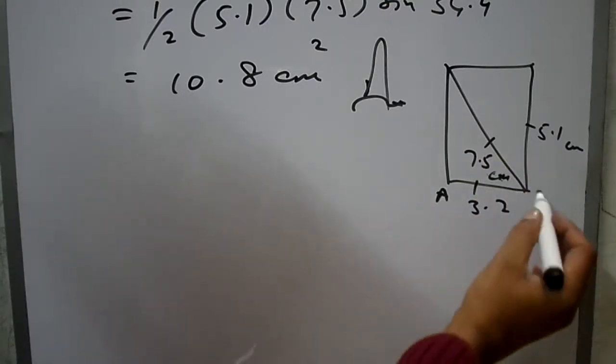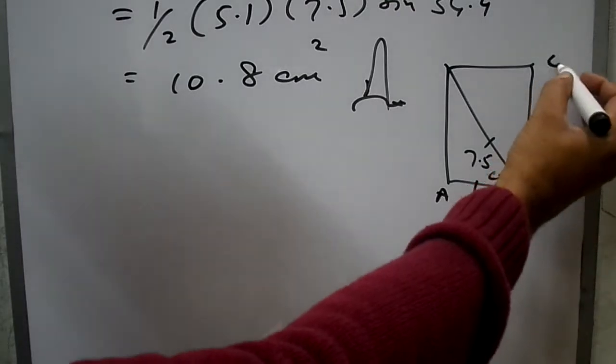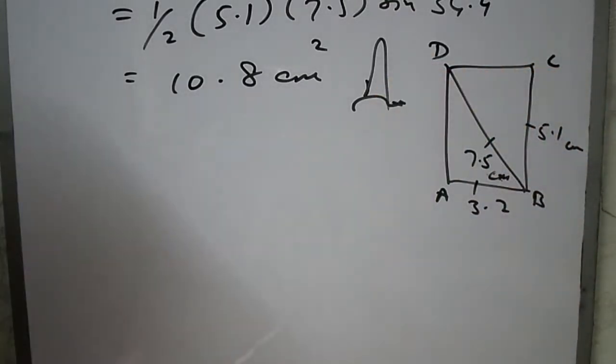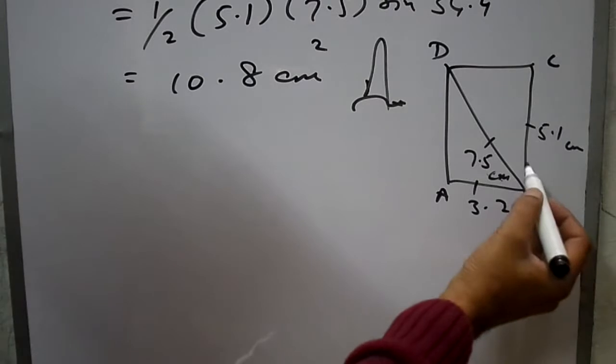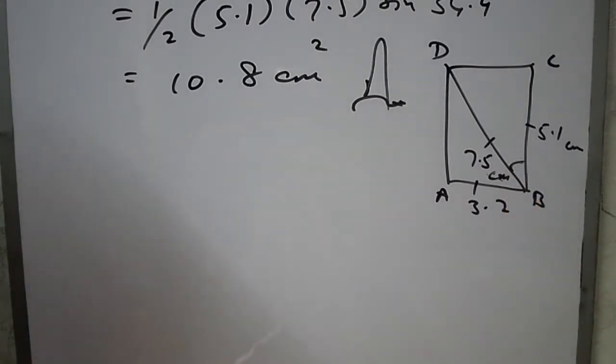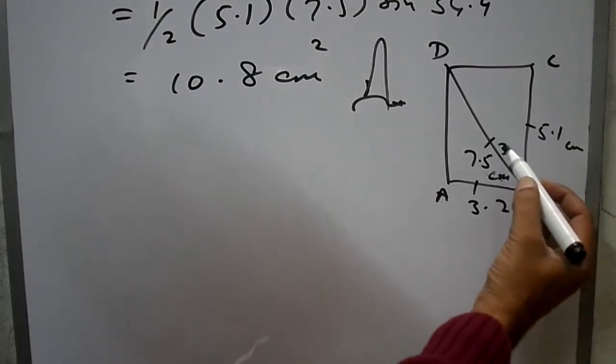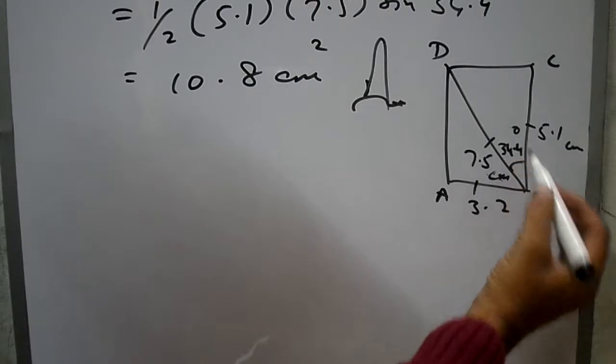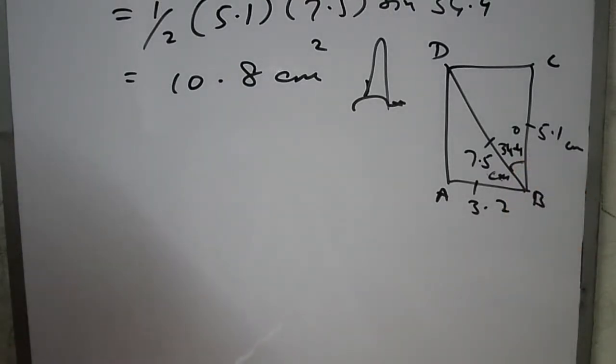So A, B, C, D. And that angle is equal to 34.4 degree, this angle is given to us.